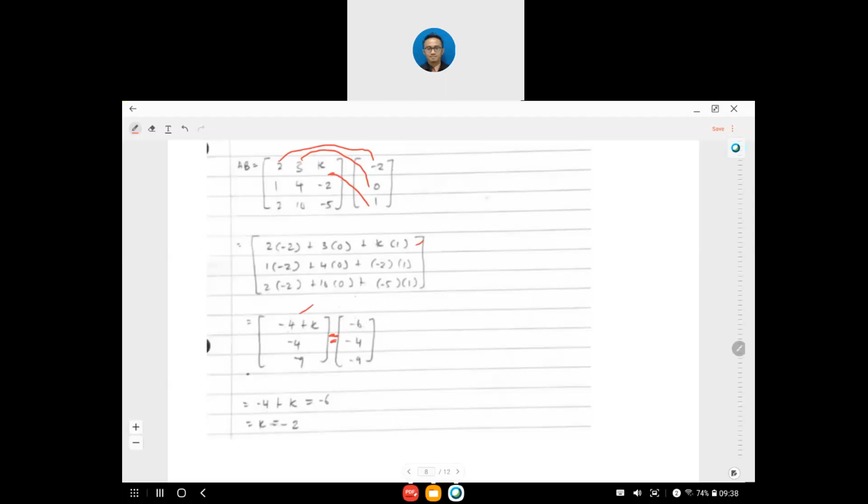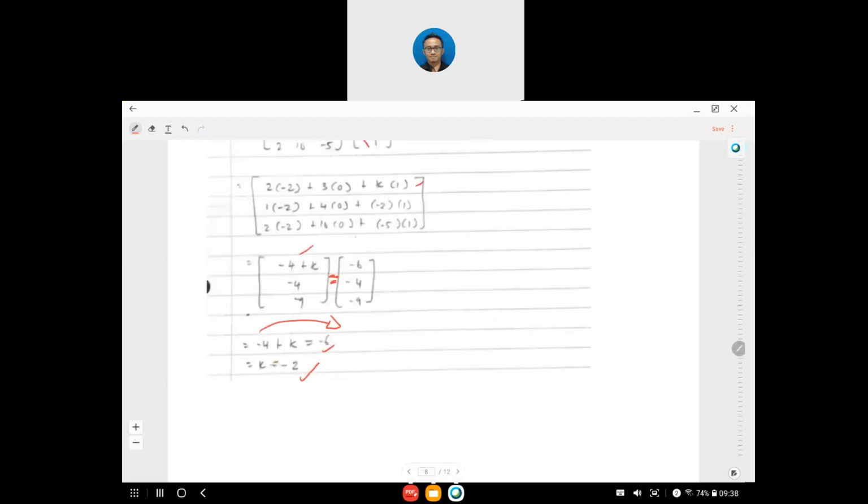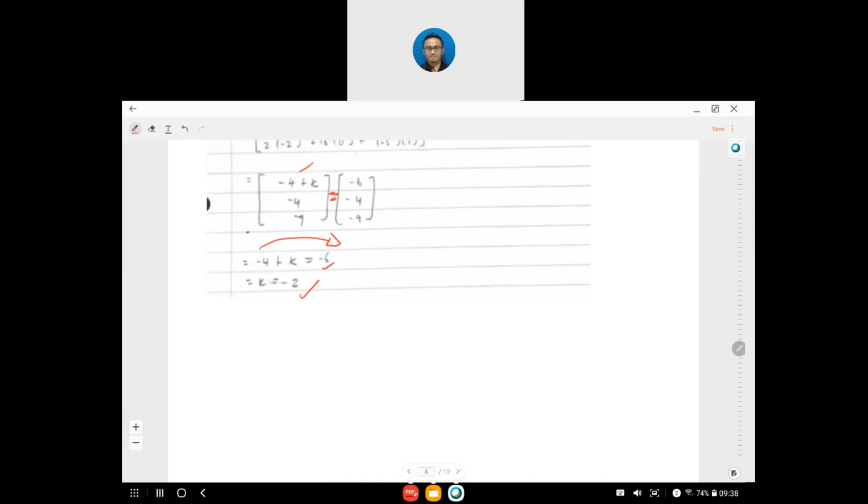So, negative 4 plus K equal to negative 6. And then K equal to negative 6, negative 4 goes to the right-hand side, it becomes negative 6 plus 4. So, K equal to negative 2. Okay? Okay, next.